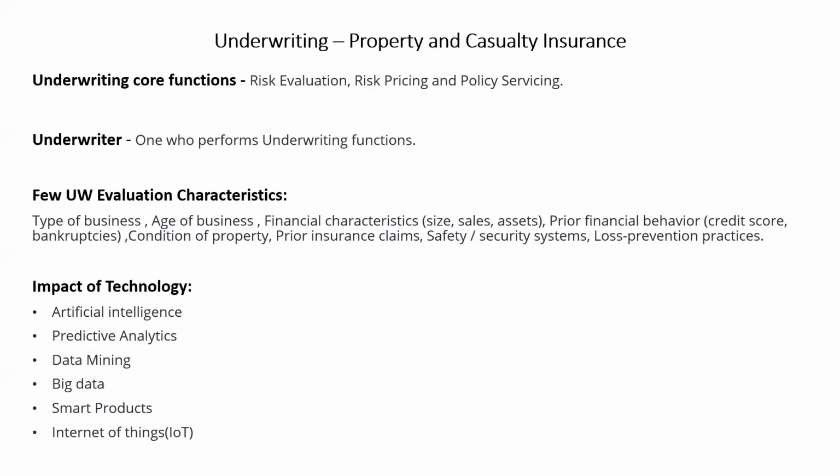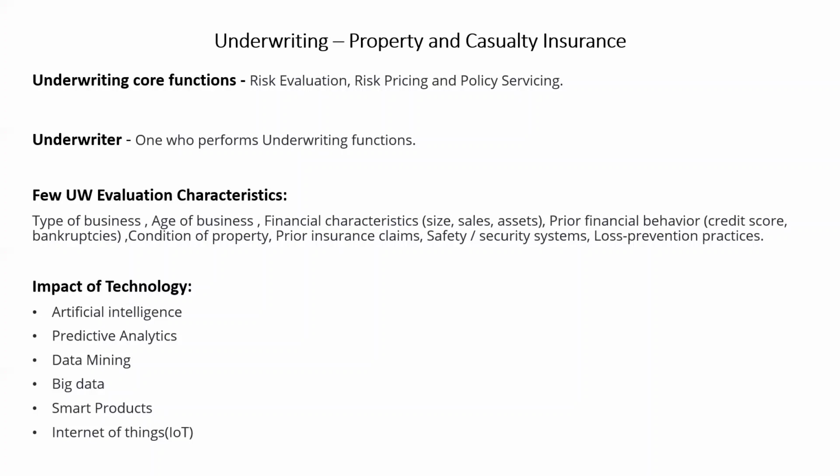Any prior insurance claims, did the insured have any prior claims before getting a policy with us? Did the insured have any safety precautions within their property or any loss prevention practices? These are a few of them. So the underwriting team or the underwriters look at these characteristics to determine if we need to accept the risk or to determine the premium, etc.